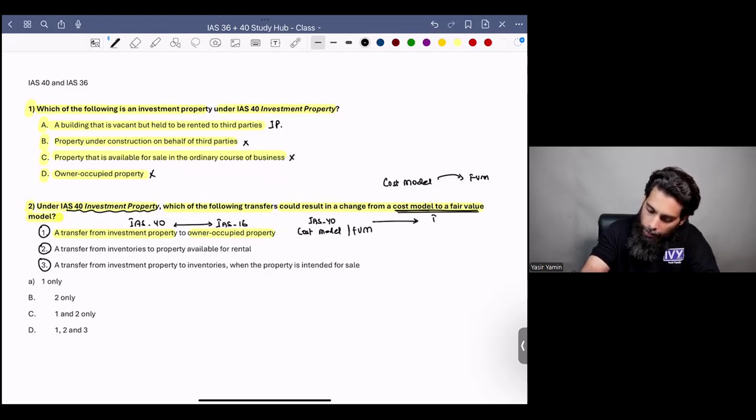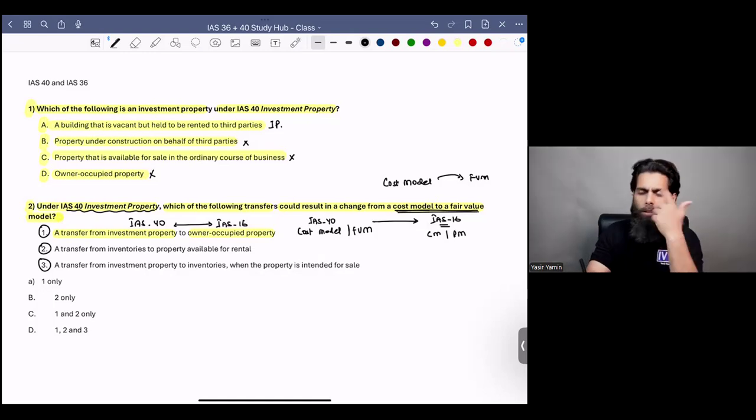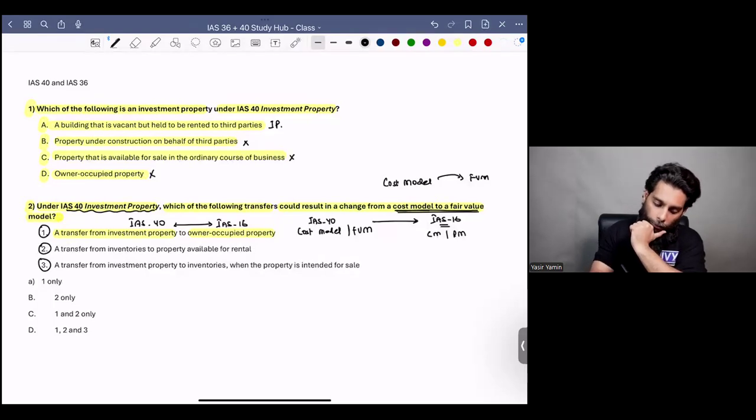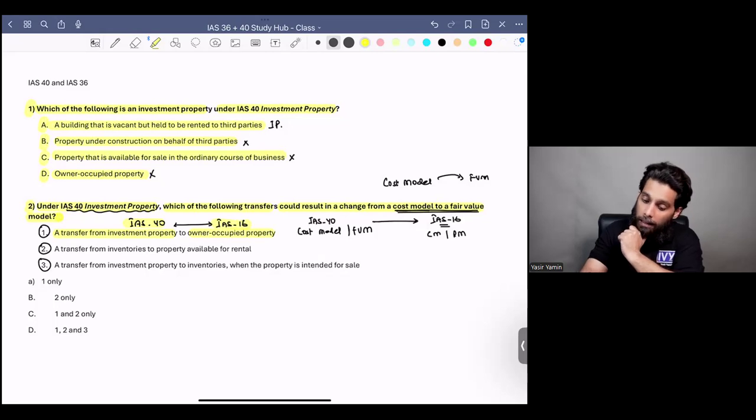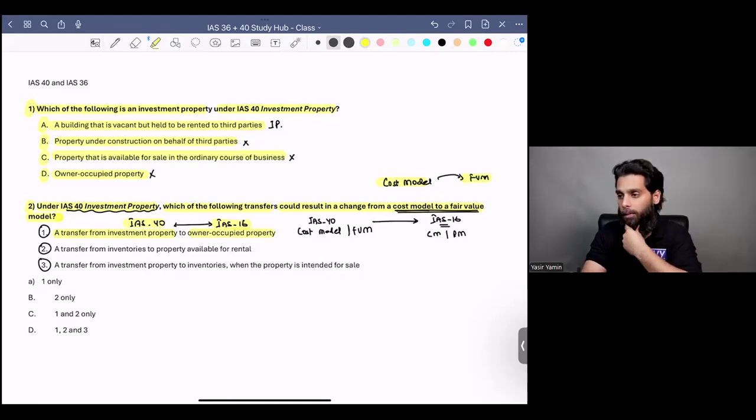Then under IAS 16, there are two models again. One is cost model and the other one is revaluation model. I ask you a question. Can a shift from IAS 40 to IAS 16 possibly result in a shift from cost model to fair value model? Is that possible?